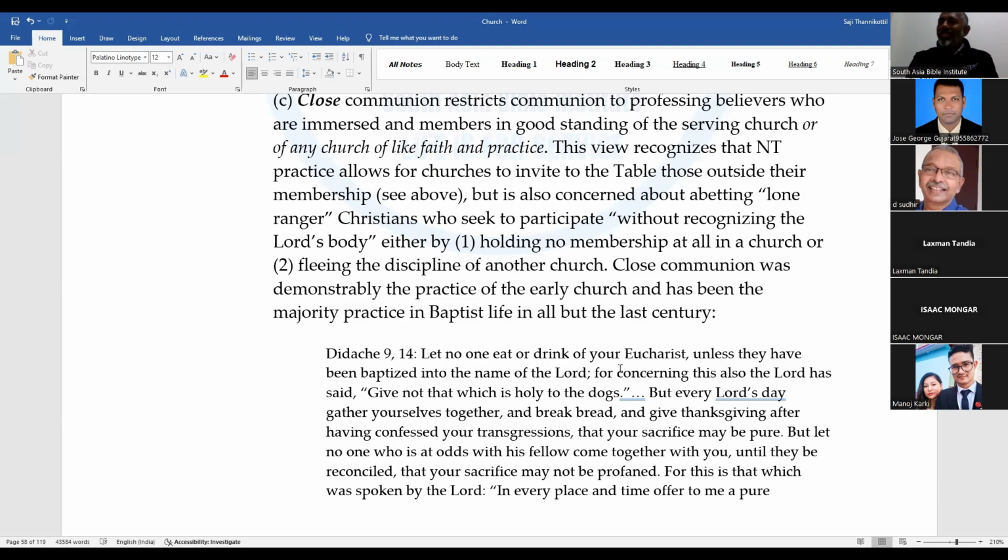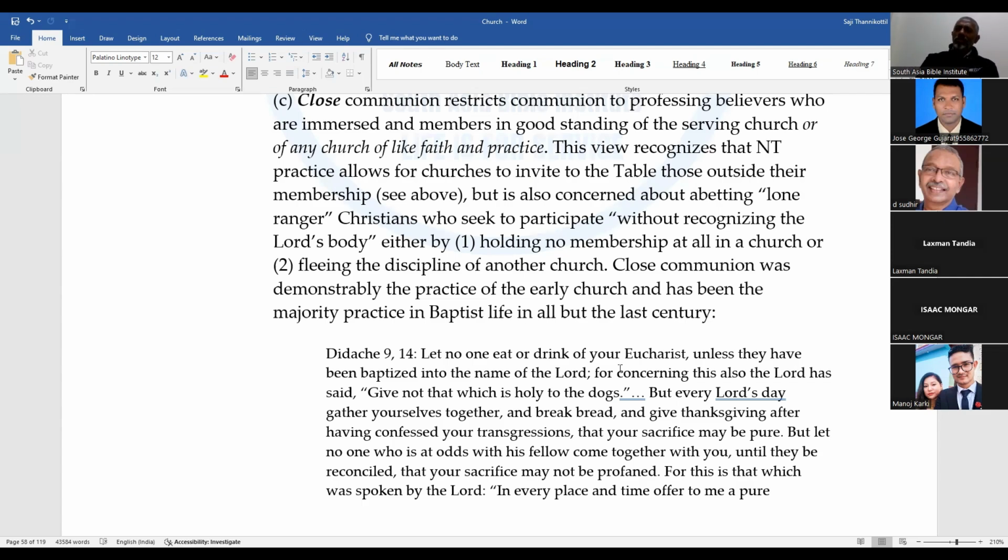So which church, or where is this church located? Macedonia? No, it is actually Troas. It's that area. Troas is a place name. The church is located at Troas. So this is the church at Troas.